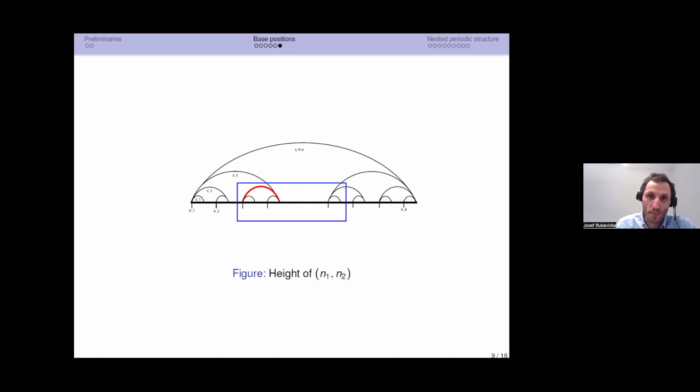If the blue rectangle is periodic, it may have many periods, but in one occurrence of the palindromic prefix Zi, there may be at most 2 periods. And if I have 4 occurrences at most, it means that there are at most 8 periods of the blue rectangle that have some overlap with the base positions. So this is basically the proof.